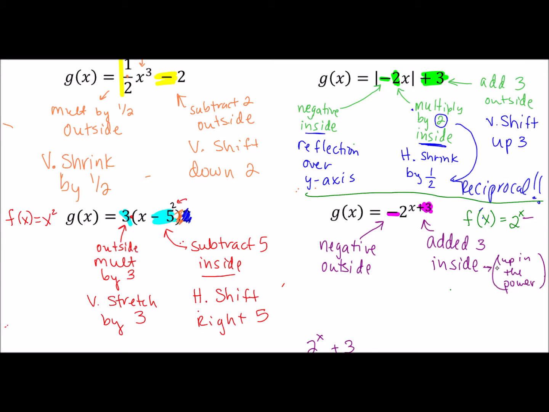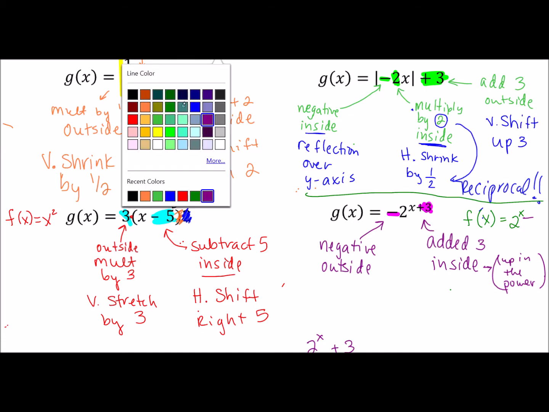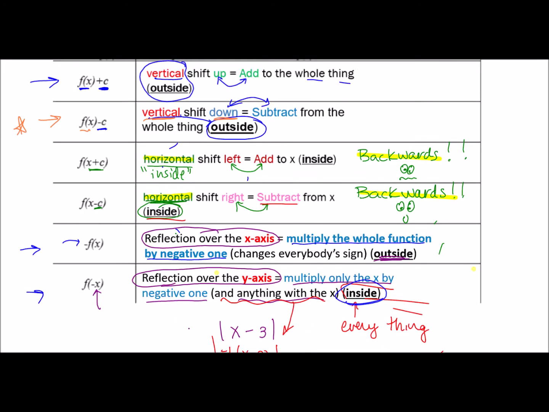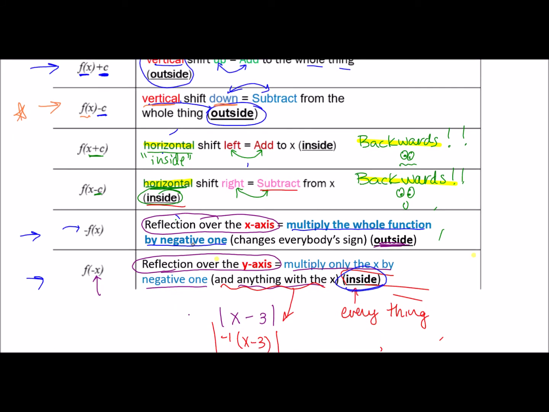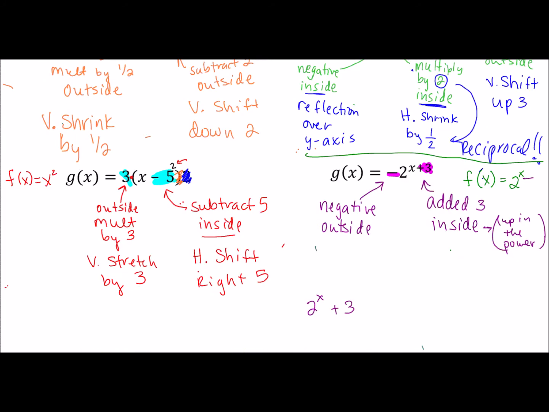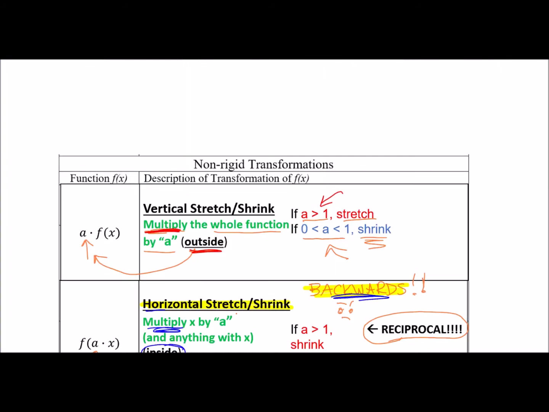All right, let's describe these. So negative outside, reference sheet. Let's see, negative is outside, so it's a reflection over the x-axis. And then we've added 3 inside.